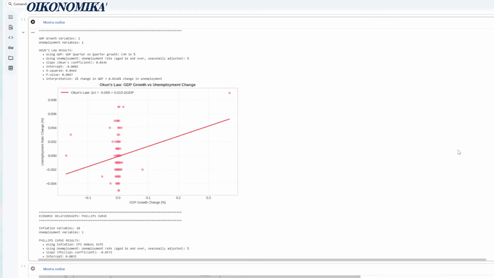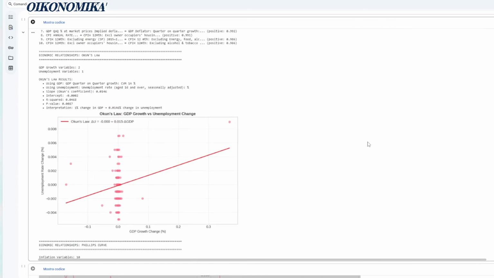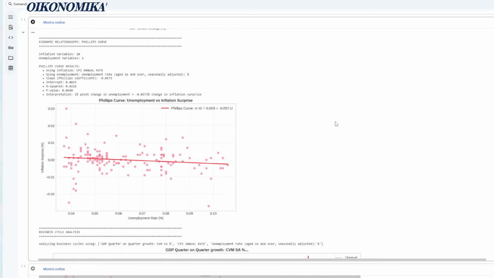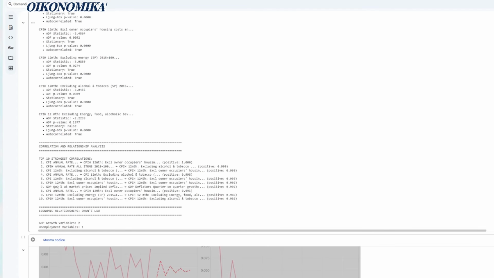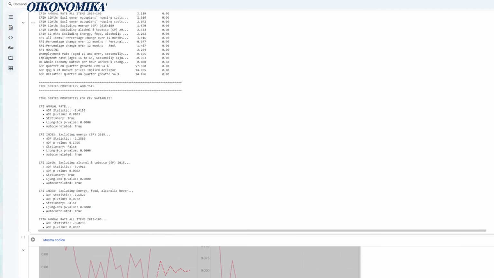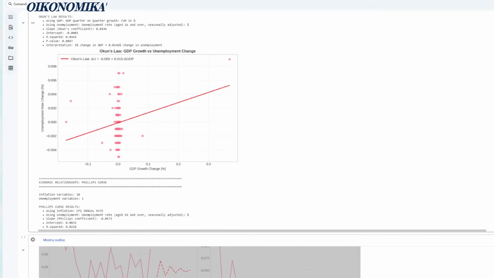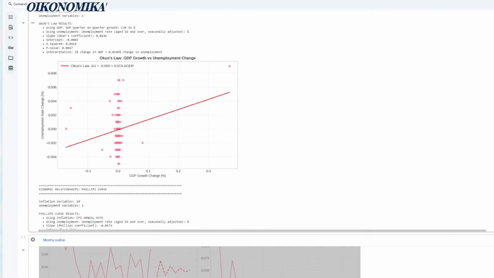So we will start here with a macroeconomic dashboard, just a couple of things. What we are visualizing here are two linear regressions. One is Okun's law, and the other one is the classic Phillips curve. These are two linear regressions which tell us the outcomes between economic growth and unemployment, and also between unemployment and inflation.